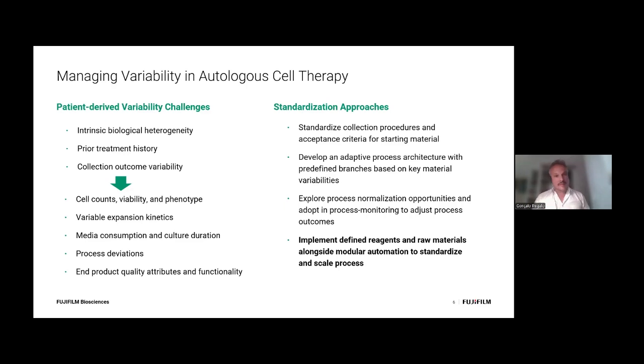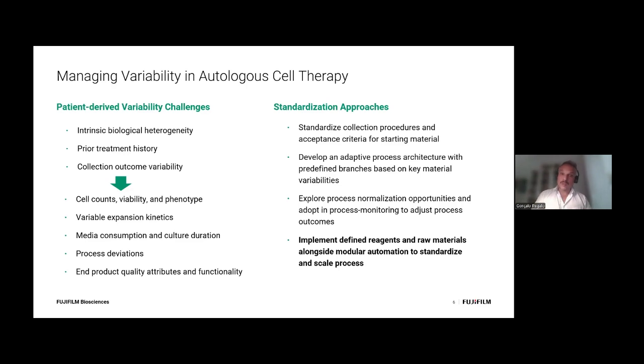So prior treatment history, biological heterogeneity from person to person, the collection outcome variabilities, all those factors will impact ultimately how the cells behave, the cell counts, the viability, the phenotype, the process parameters that one needs to control. And all of that, those critical quality attributes, is the drug itself, is the potency, is the quality of the final product.